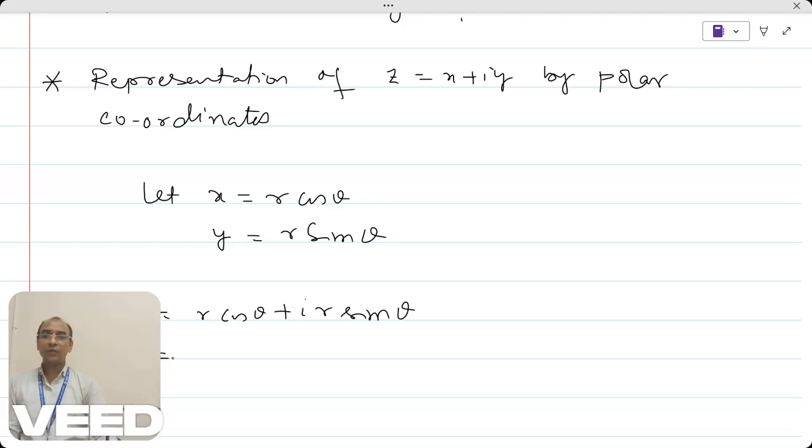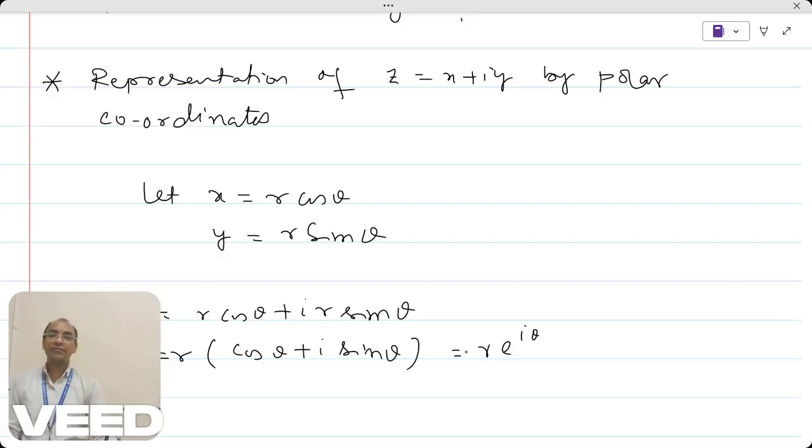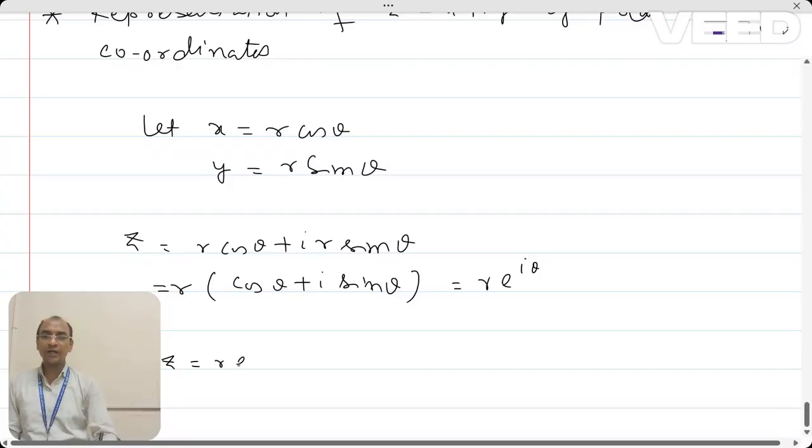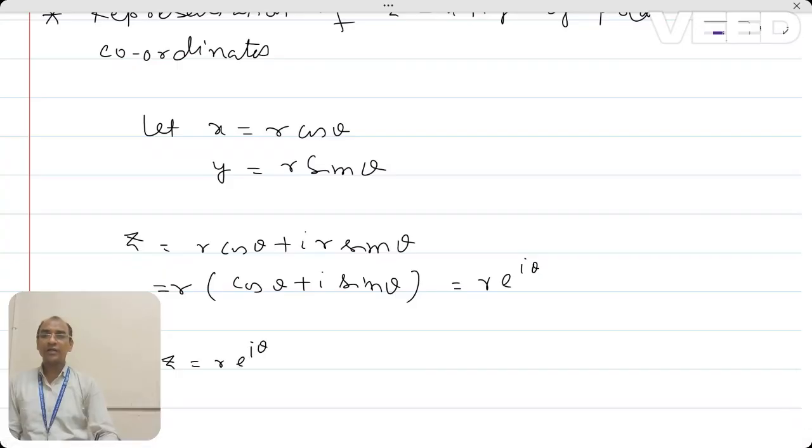And here r is common, so r times cos theta plus i sin theta. But cos theta plus i sin theta is nothing but e to the power i theta. So r into e to the power i theta. So the polar representation of the complex number z is nothing but r e to the power i theta.